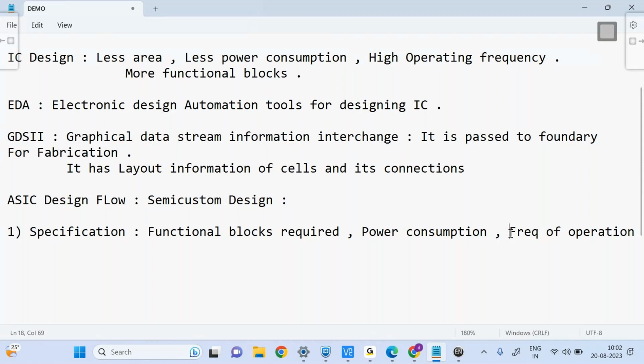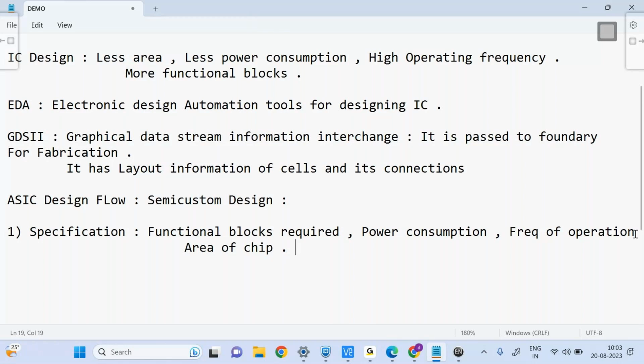You have to discuss with your client and take all the requirements: what functional blocks are required, what the power consumption is, what the frequency of operation should be, what area is required, how much area of a chip, and what type of chip you want, whether flip chip design or wire bond design. That is the specification you have to take from the client first.